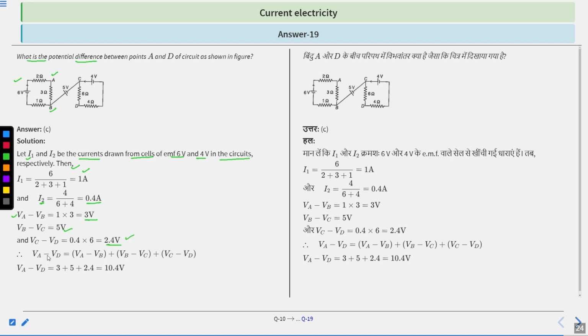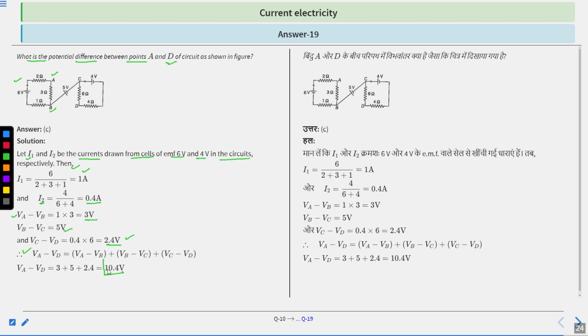So VA minus VD, which is the potential difference between points A and D, is equal to VA minus VB plus VB minus VC plus VC minus VD, which is equal to 3 plus 5 plus 2.4, which is equal to 10.4 volt.